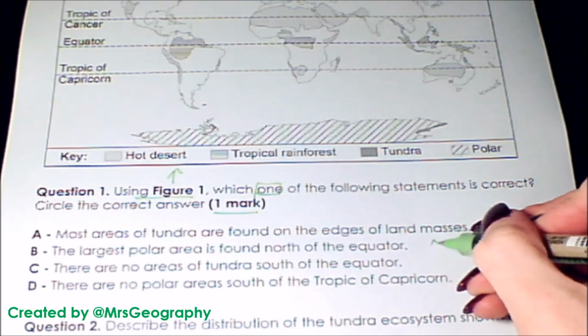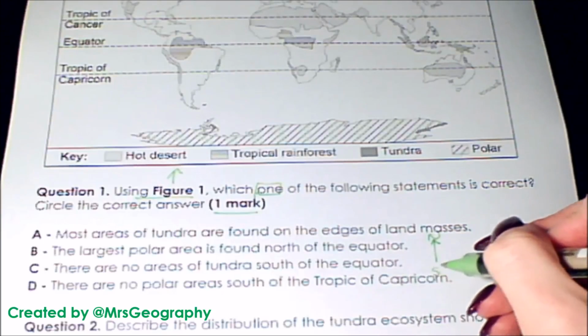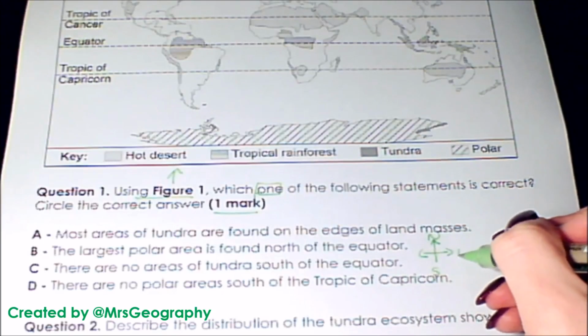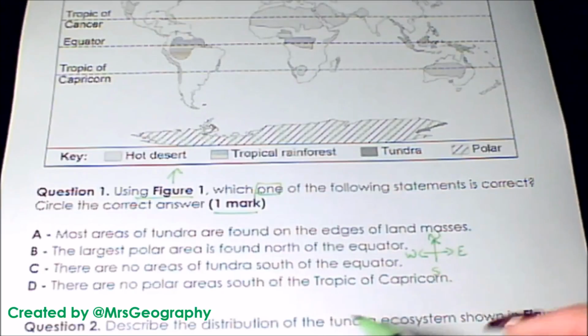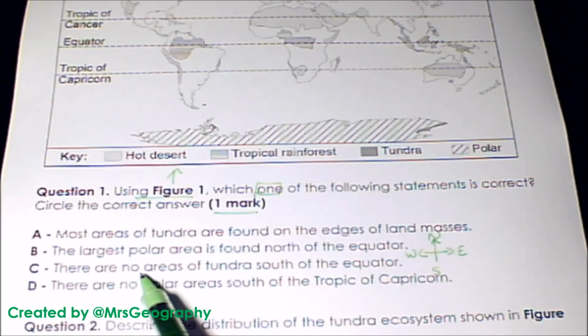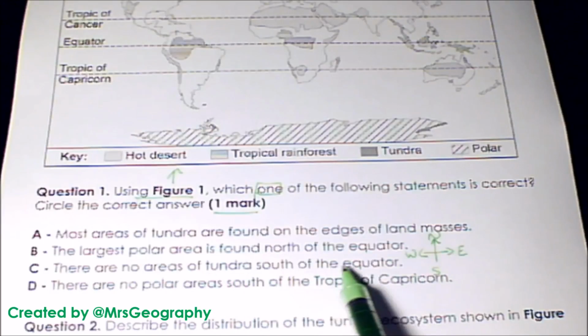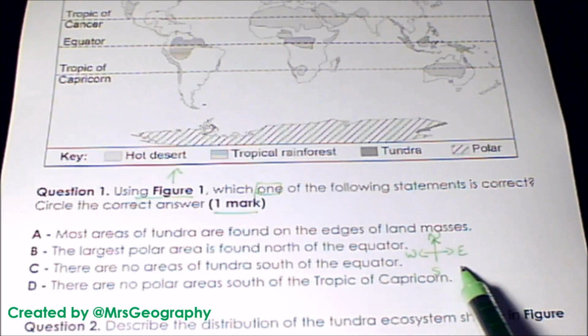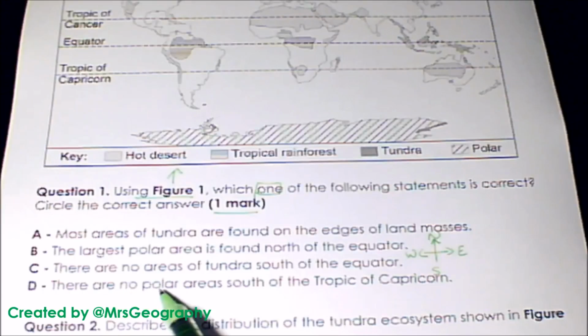Now think north, south, east, west. Is it C, there are no areas of tundra south of the equator? Refer to your compass again. Or is it D, there are no polar areas south of the Tropic of Capricorn?